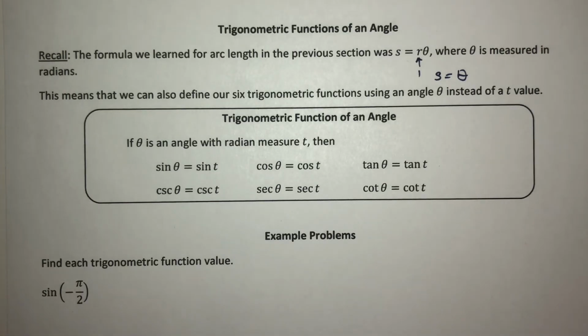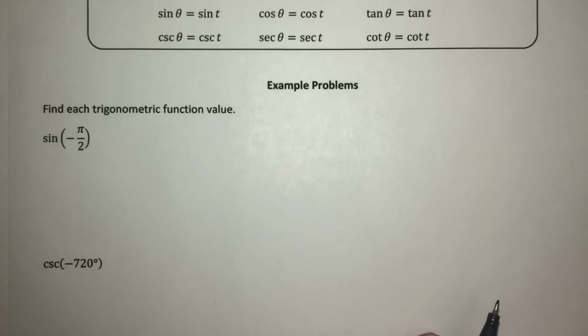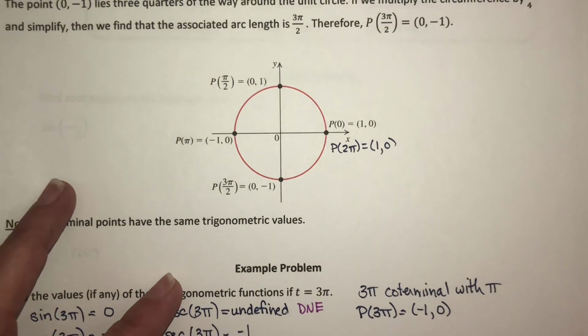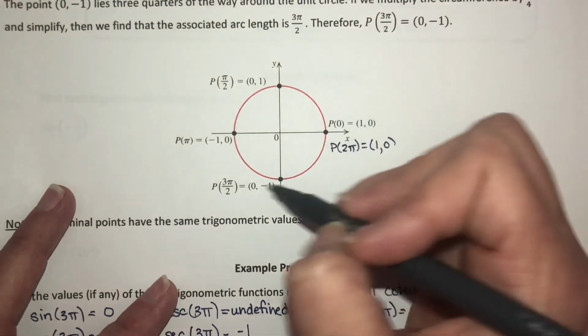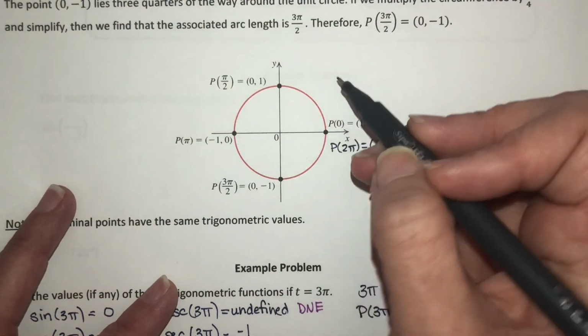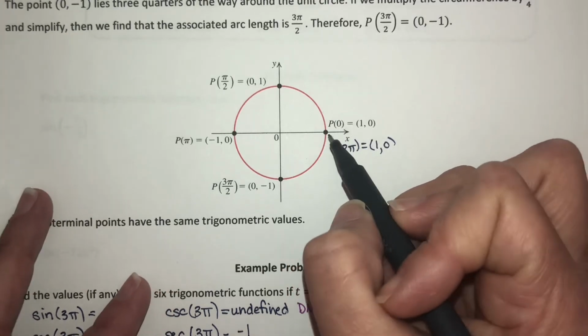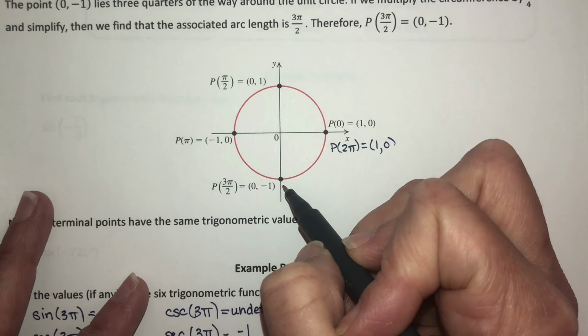So if I want to find the trig function value of sine of -pi over 2 radians, think back here. Negative angles go clockwise. If I am starting here and I go -pi over 2, that puts me down to here.